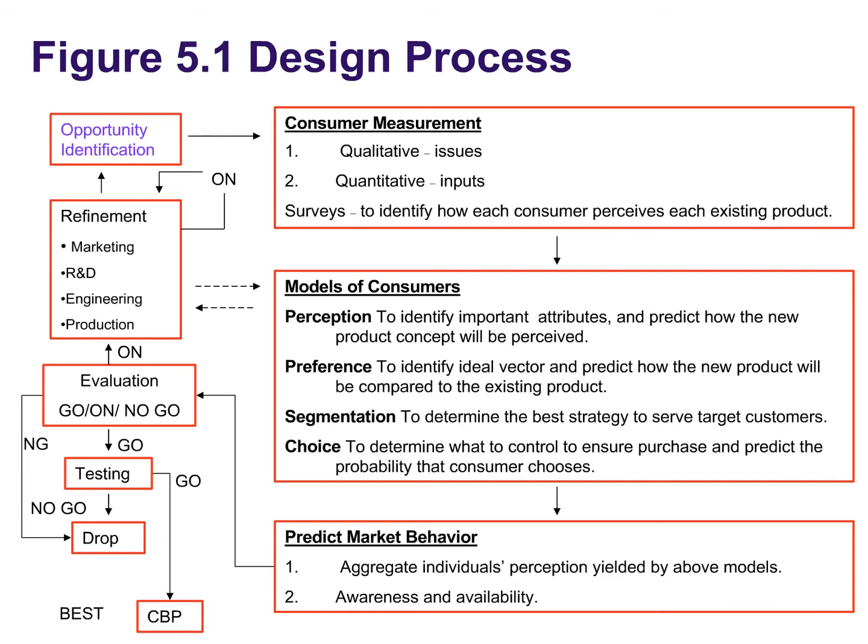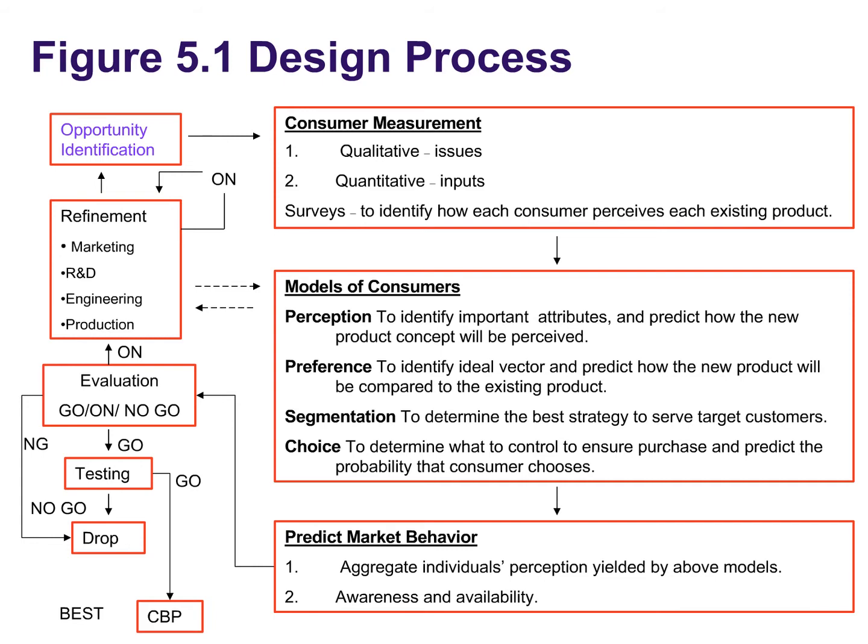Otherwise, if mediocre, we send it back to refine the marketing, R&D, engineering and production plan, and redo the loop until it goes back for evaluation. If it truly is not going to make it, then it's a no go.